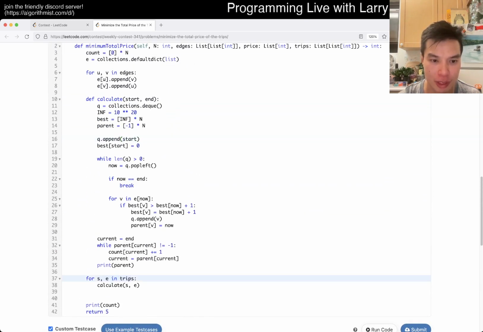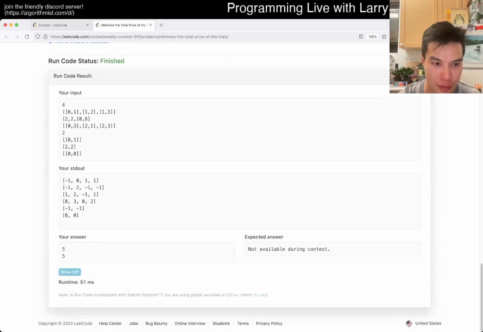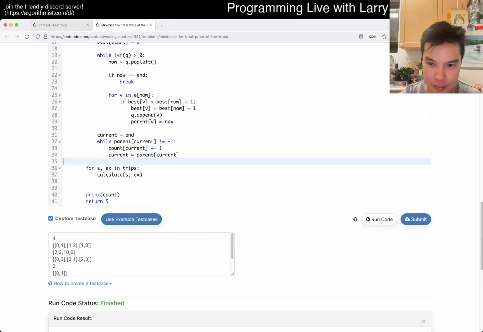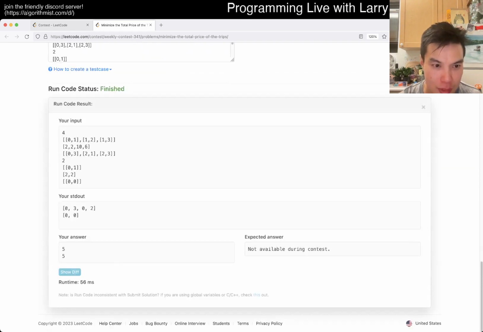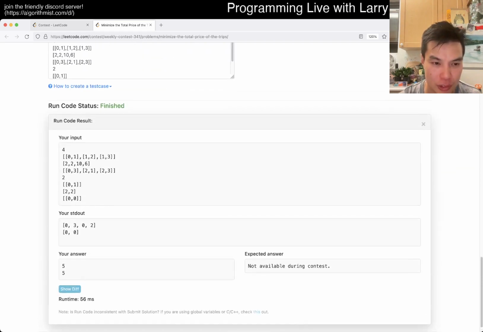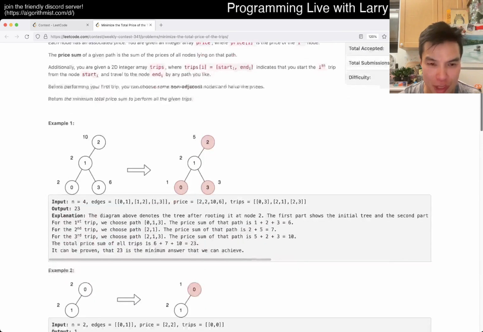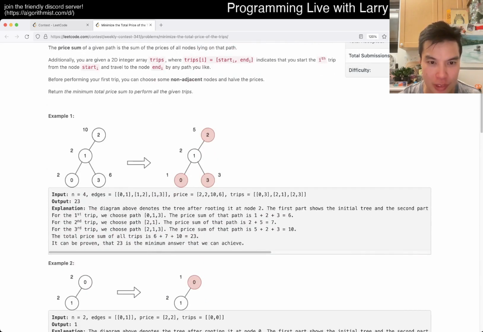Because of this thing. Okay, I don't need to print this. So that means we visit node 3 times and twice, is that right? 0 to 3.